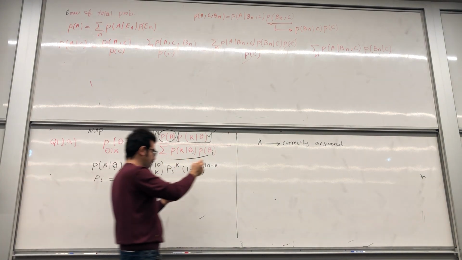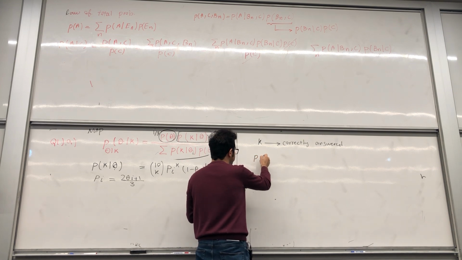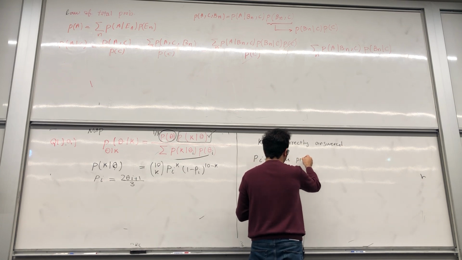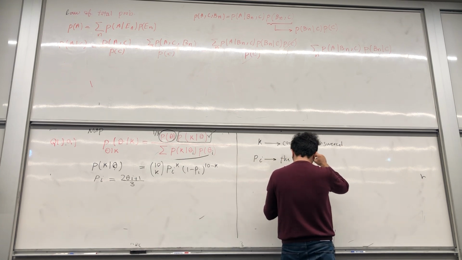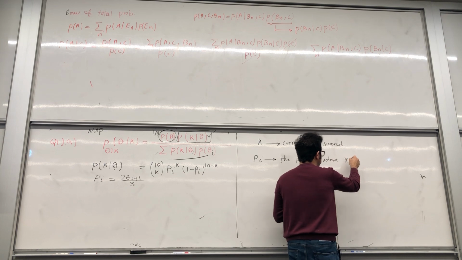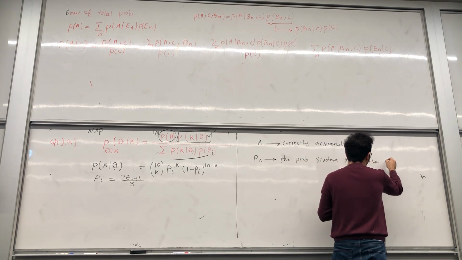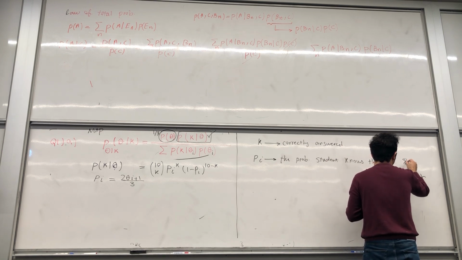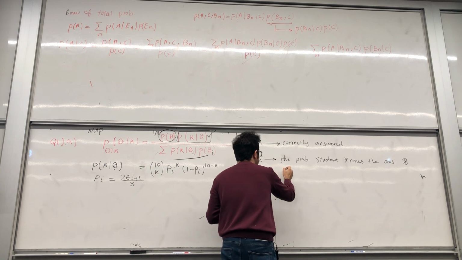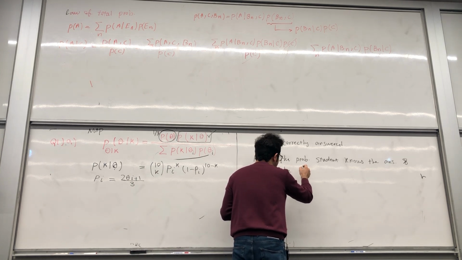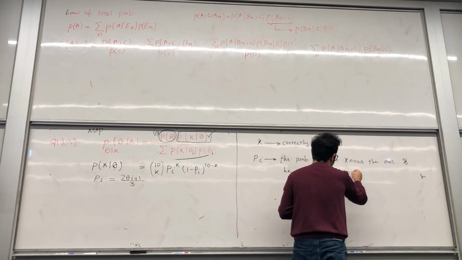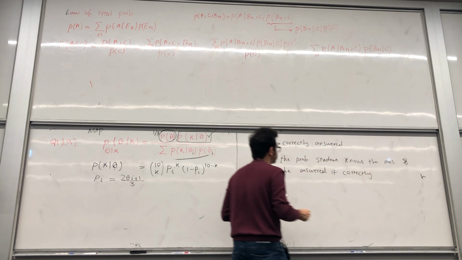First I have to find the probability, let's call it pi: the probability that a student knows the answer and answers it correctly.